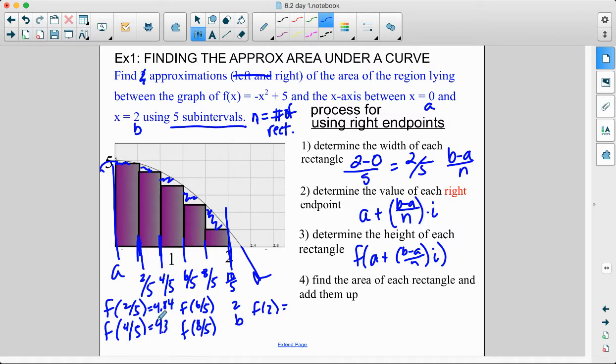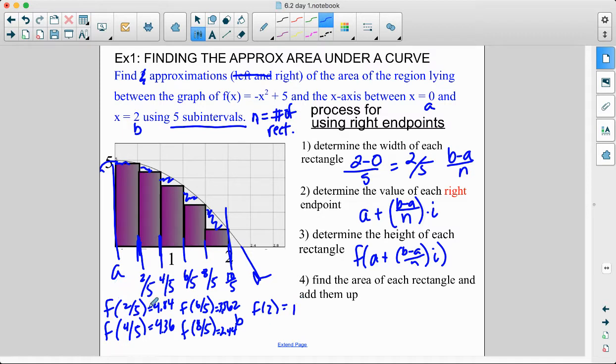So these are the heights of the rectangles. And then 6/5, or you can go to your table, but you'd have to set up what the table is counting by as fifths, which is a little more complicated. And then 8/5, and then 2. You could probably do that one in your head, right?